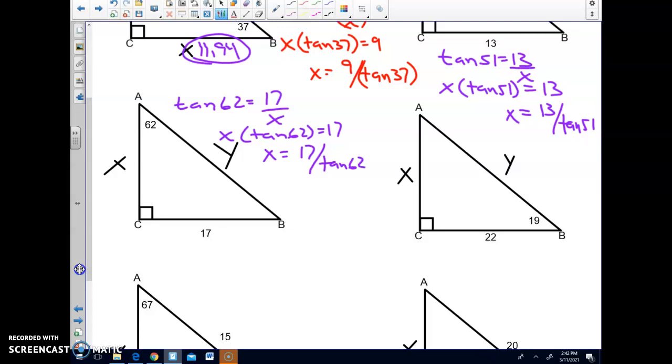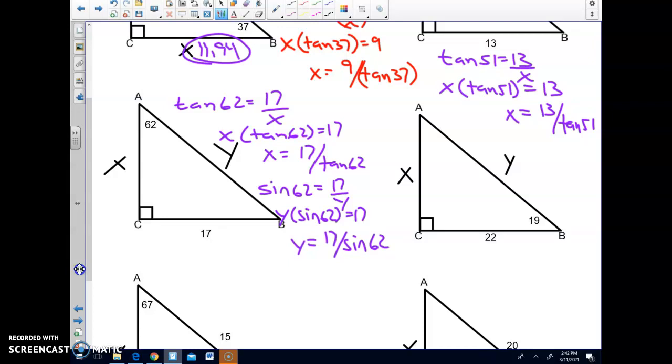For my y, I'm going to use sine, opposite over hypotenuse. The sine of 62 equals 17 over y. We're going to multiply both sides by y, so y times the sine of 62 equals 17, and y equals 17 divided by the sine of 62.